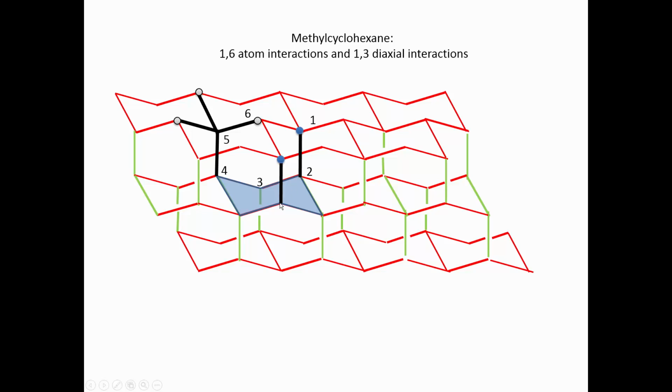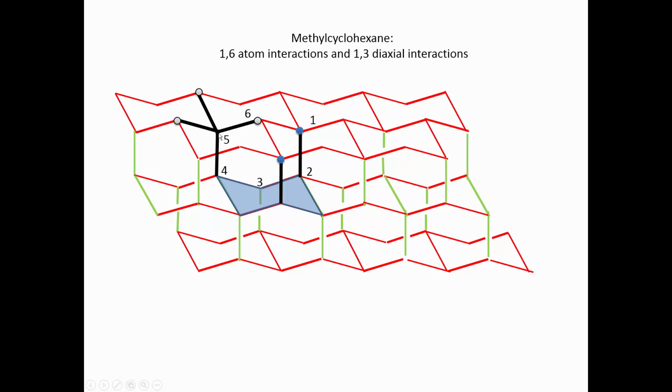Likewise, if you count this as 1, 2, 3, this methyl group is 1,3 with respect to this axial substituent. And of course, it is those hydrogens that will interact with this methyl hydrogen to produce the 1,6-atom interactions.